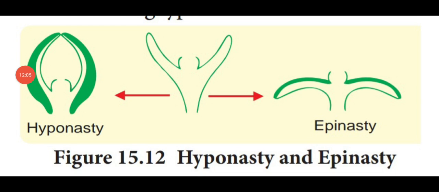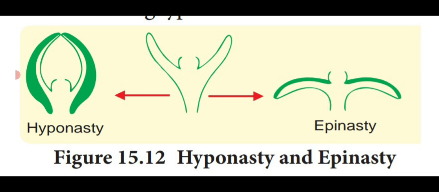Dear students, see the diagram of hyponasty and epinasty. Hyponasty means the growth movement is showing on the lower surface. So the petal curvature on the upper surface makes the flowers closed. See the first diagram, it is closed.